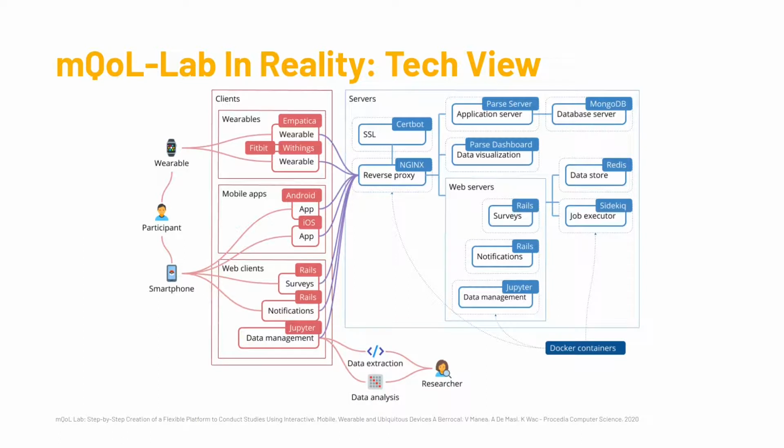We're collecting wearable data, so most of the time for these platforms, Fitbit or Withings, you cannot record the data directly coming from the sensor. For that, you have to request the data from the maker of the wearable, which can be an issue sometimes, but that's the only way that you can get it.